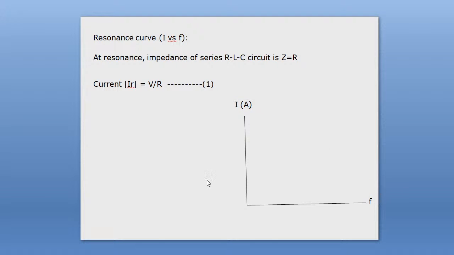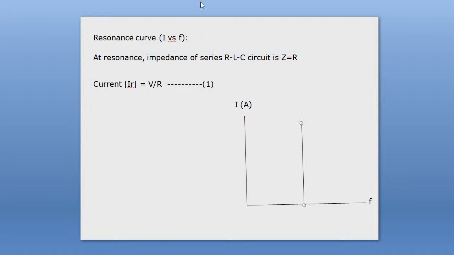You just write this yourself. Now you see, at resonance frequency, these things happen. Current I equal to I_R, V by R, at resonance frequency. Suppose you consider this point as the resonance frequency.